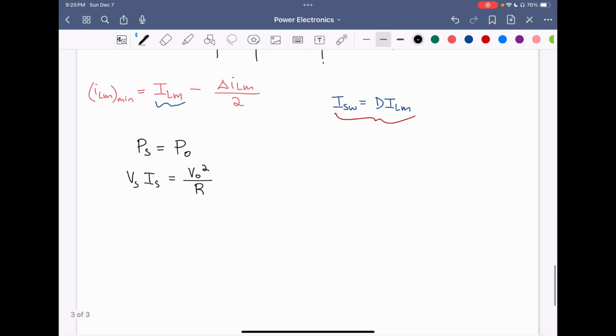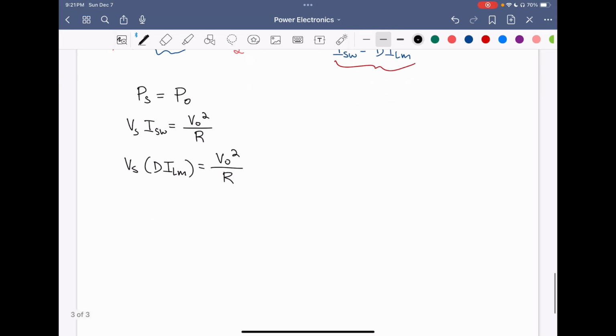We keep VS, and IS, which is also equal to I switch, is equal to D times ILM. And we have this V out squared over R. And now we can express ILM as V out squared over R, and then divide both sides by VS times D.